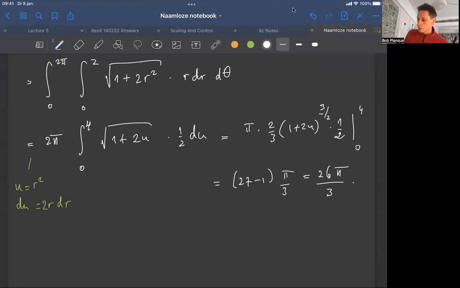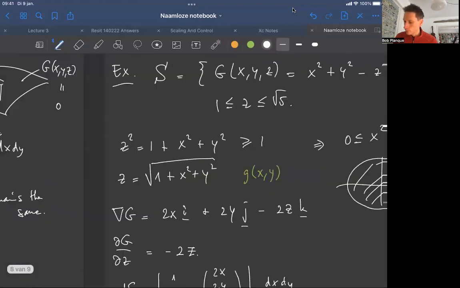All right, so just to summarize before I close, we've covered the surface integral, parameterizing the surface with some function r of u and v. And if you're unlucky, then you really have to work with that.